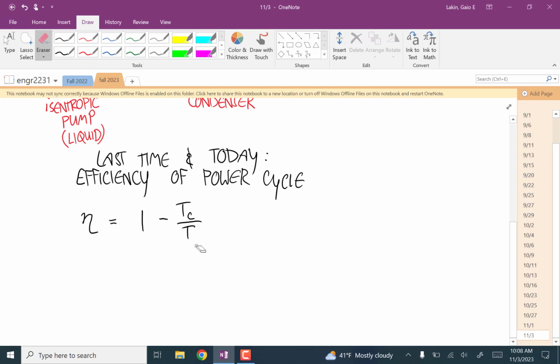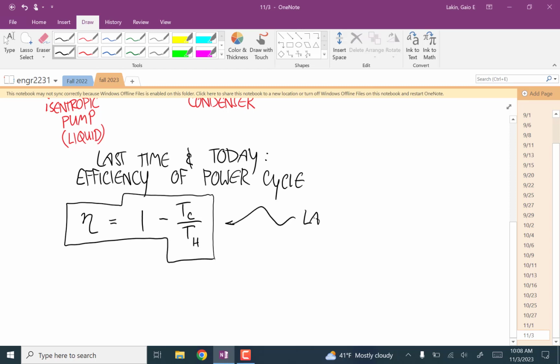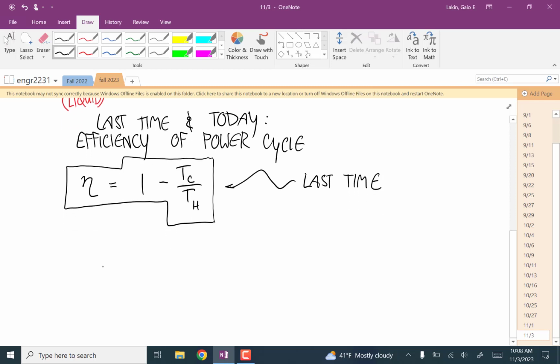I'm trying to be consistent with these. Let's call that TH. Okay, so we figured this out last time. And now we're in the process of calculating the efficiency in terms of enthalpies at the different states.